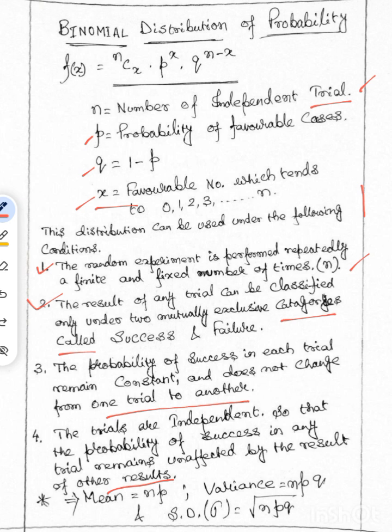Next is mean equal to np, variance equal to npq, and standard deviation equal to root over npq. This is the theory part. I think you have understood.